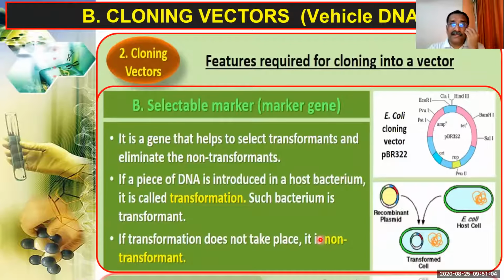Now, the second thing is the marker gene, which I mentioned in the previous slide. What is this marker gene? When we do this kind of cloning, you are inserting a foreign gene. Now you see, this is the actual plasmid, and into this plasmid a foreign gene is inserted.